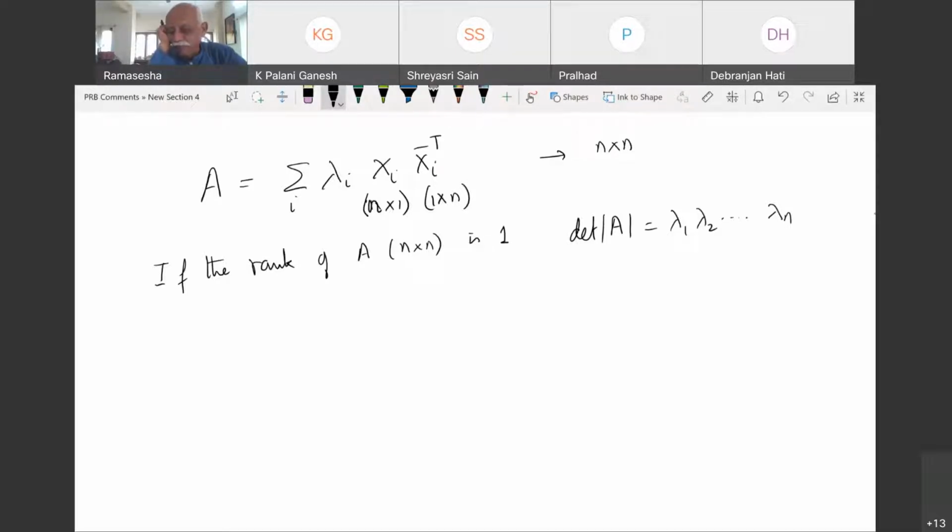Okay, if A is singular, what can you say? Product of the eigenvalues is 0. So what can you say about eigenvalues? They are all 0? All of them need to be 0, is it? One of them is 0. At least one of them must be 0. Okay.